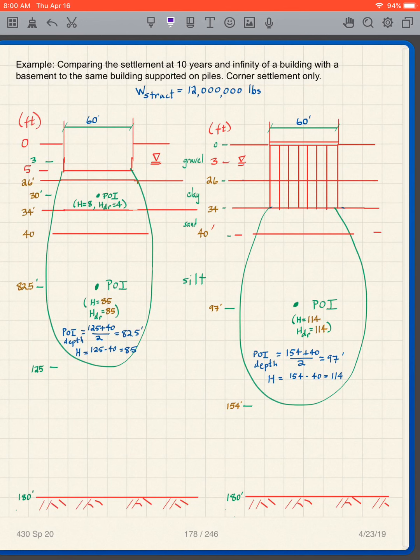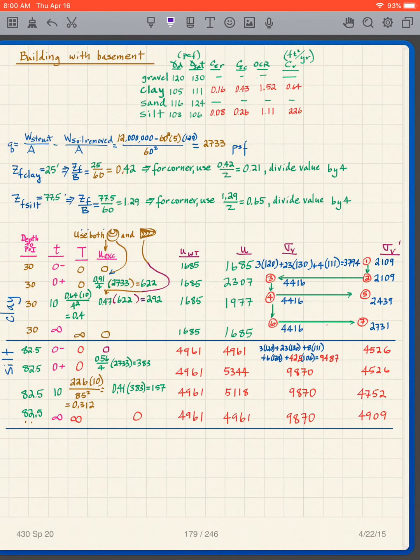So I get my sigma v prime. I put that sigma v prime there. I add the 2109 to the 2307. I get 4416. That 4416 is the same for all of those.